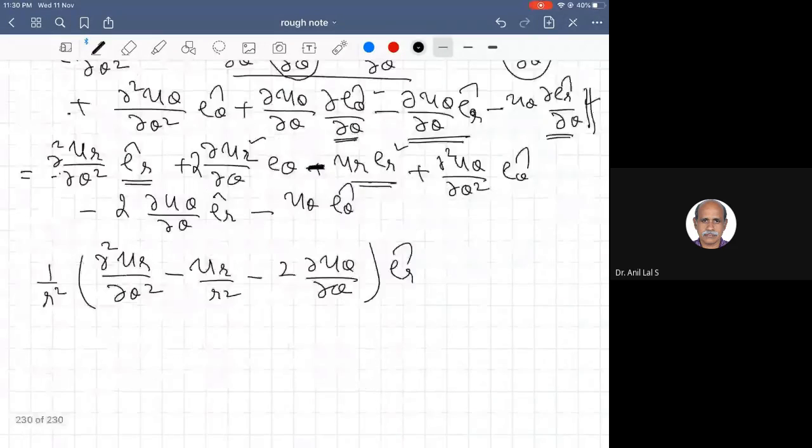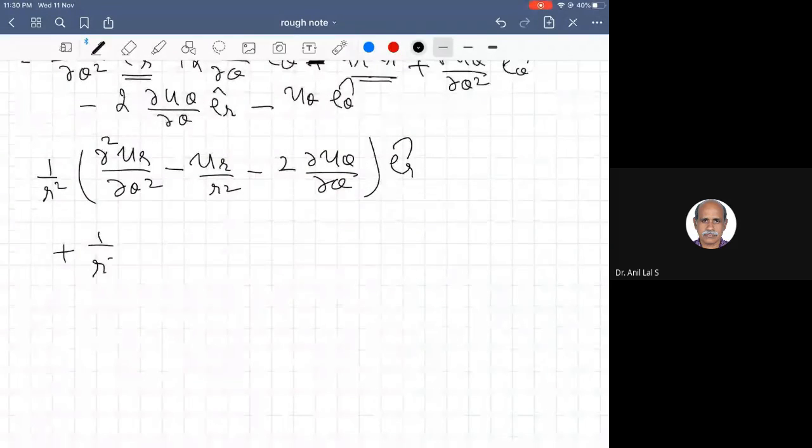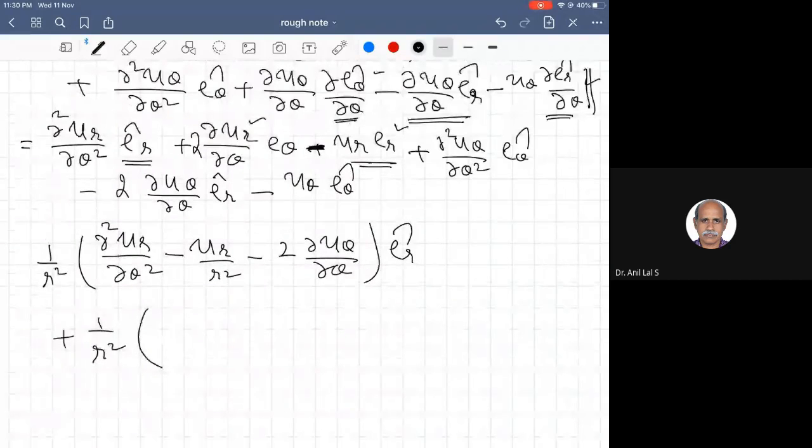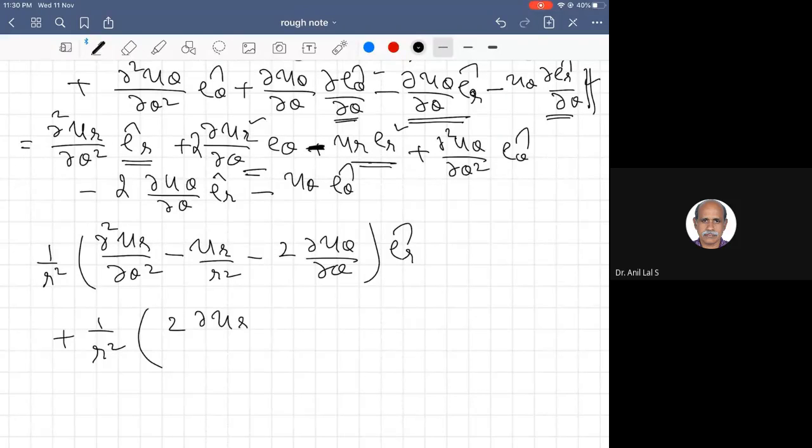Again here also plus 1 by r squared. The e theta terms we will write. The first e theta term is 2 dou ur by dou theta. Then next is plus dou squared u theta by dou theta squared, and e theta here minus u theta.